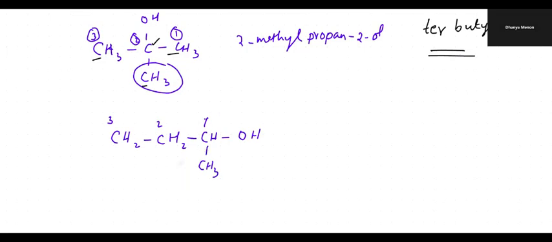So we can number it 1, 2, 3, 4. We cannot miss out the straight chain just for giving the lowest number to this OH, okay? So at the second position, we have what? OH group. So butane-2-ol.